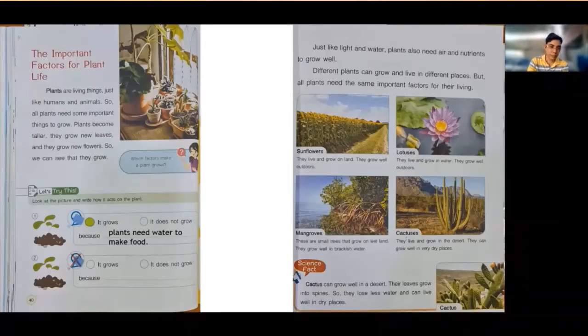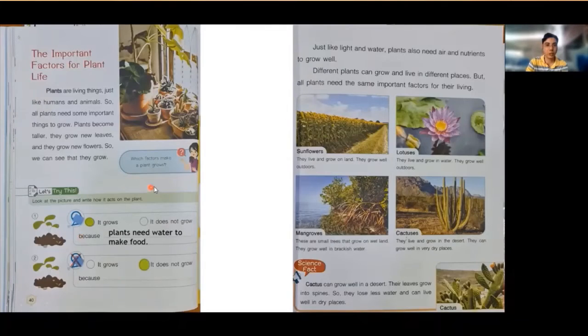Now the next one. In number 2, the plant doesn't have water. So if there is no water inside the watering can, and we cannot put water to the plant, then the plant cannot grow.